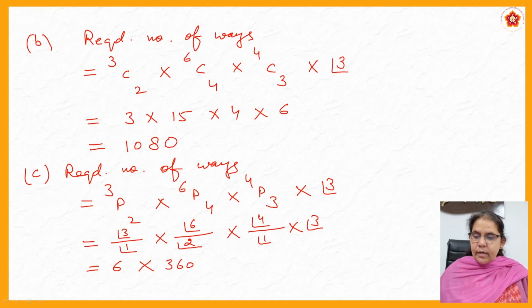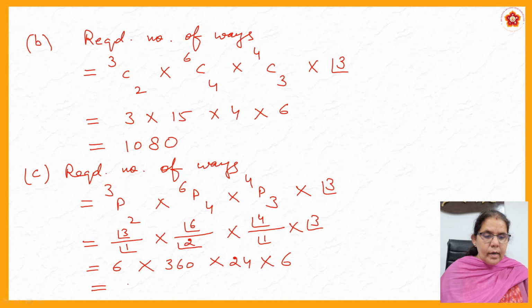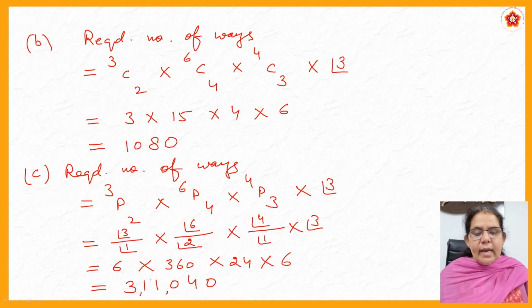Here we get 360. And here we will get 24, and factorial 3 is 6. So when we multiply them, we will be getting 3,11,040.